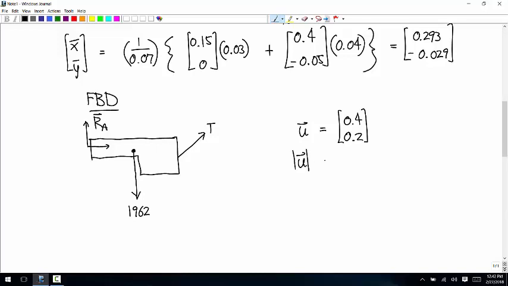The magnitude of that is 0.4 squared plus 0.2 squared, square root. And so could someone calculate that unit vector?